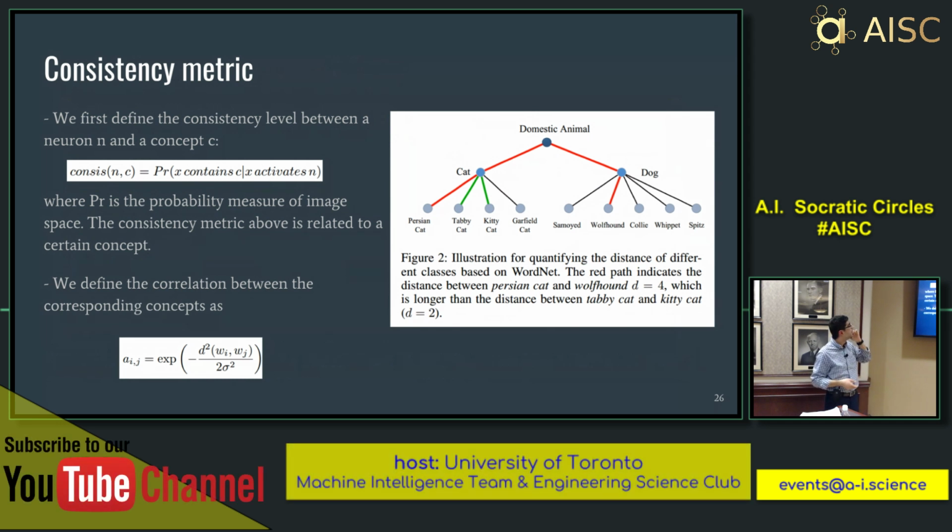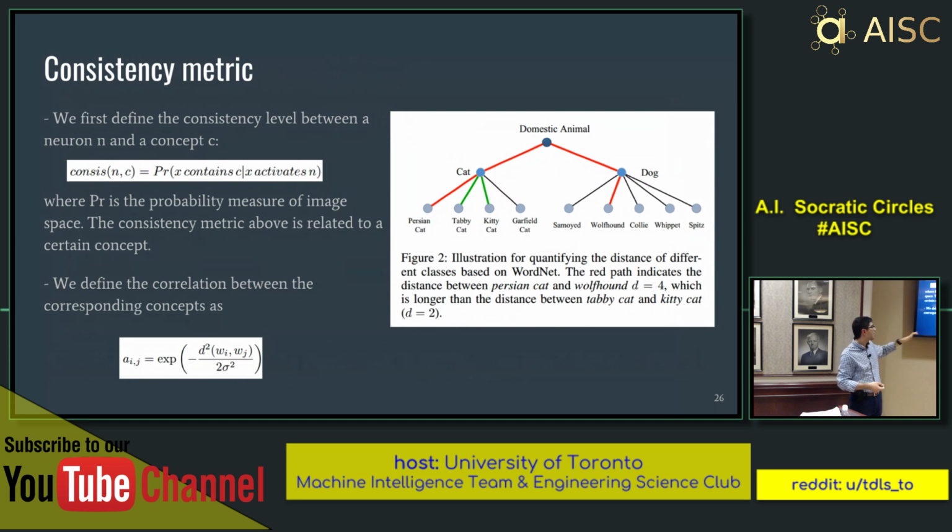It asks: if a neuron is activated by an image, what is the probability that the image contains a specific concept C? Remember this. They then have another metric for calculating the correlation between concepts, which here are the class labels.